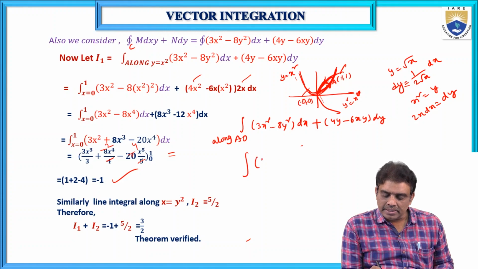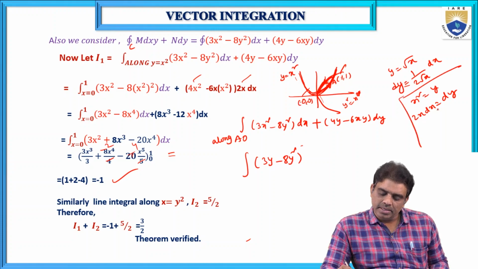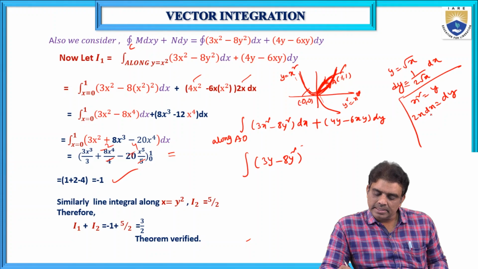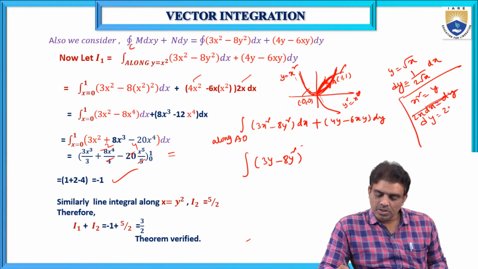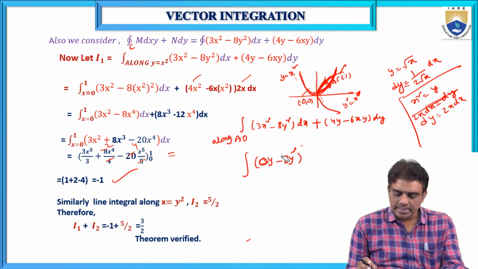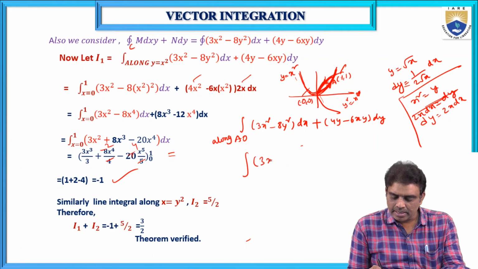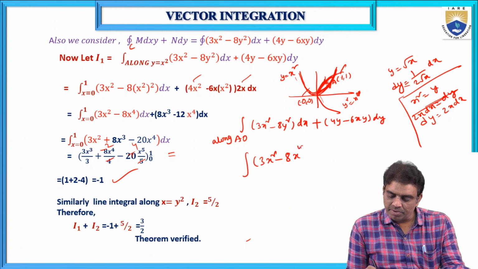So I can replace 3y minus 8y square. Suppose if you replace x square is equal to y, then what is the dx? 2x dx. I can replace here dy is equal to 2x dx. Right. 3x square minus 8y square means x power 4.